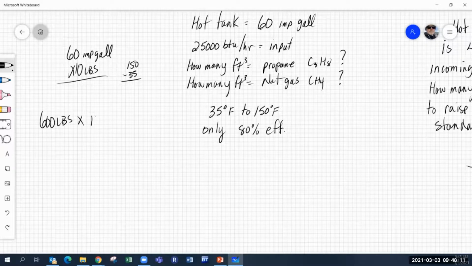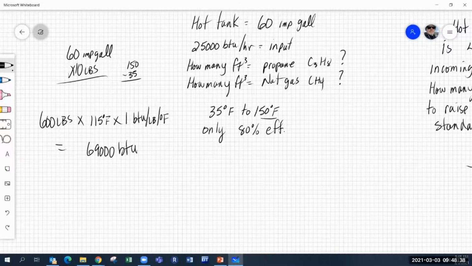So I have a delta T of 115 degrees Fahrenheit. Multiply that by the specific heat capacity of water, 1 BTU per pound per degree Fahrenheit. So let me just type that in. So that's 69,000 BTUs. So it takes 69,000 BTUs to heat that water to 150.